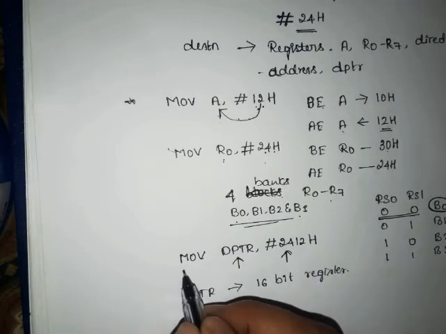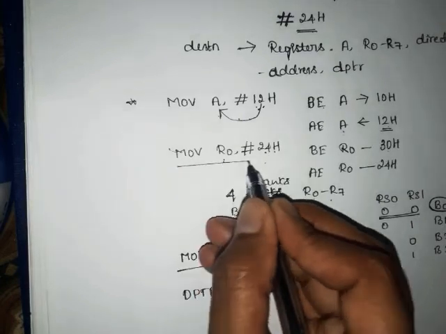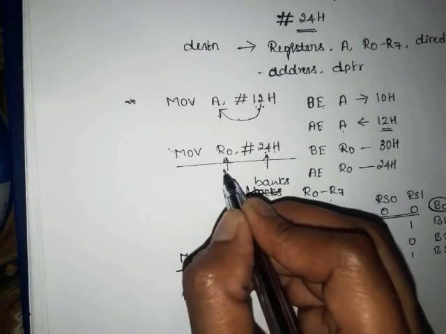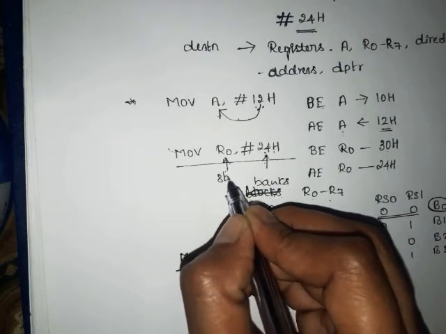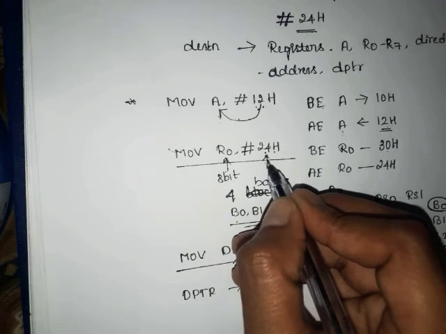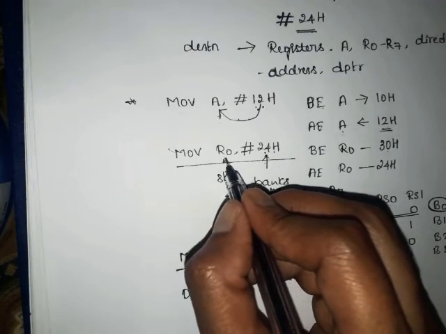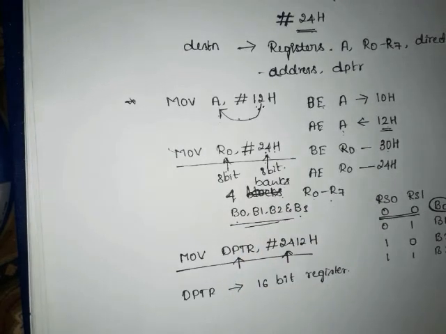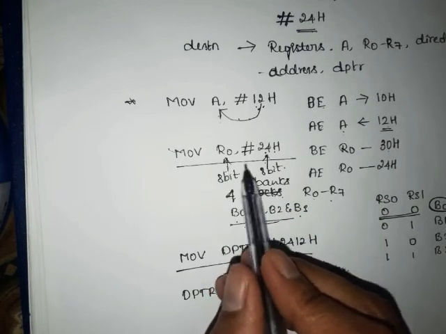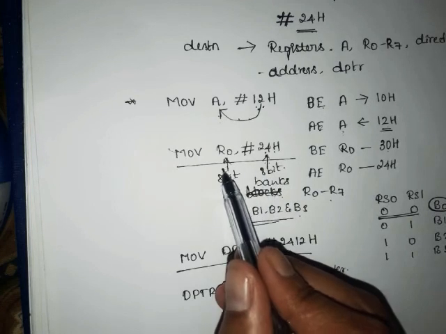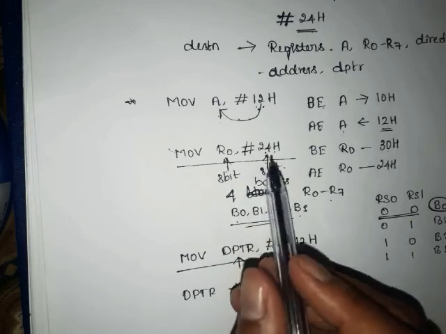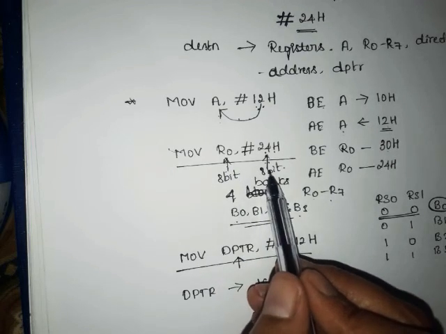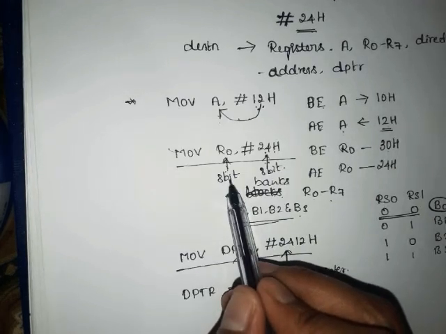If you consider this instruction as well as the previous instruction, the register we are moving data to is an 8-bit register, and the data we are moving to register R0 is also 8-bit. In immediate addressing mode, the source as well as the destination should be the same size. That means if you are going to move 8-bit data to the register, the data should be 8-bit as well as the register should be 8-bit.